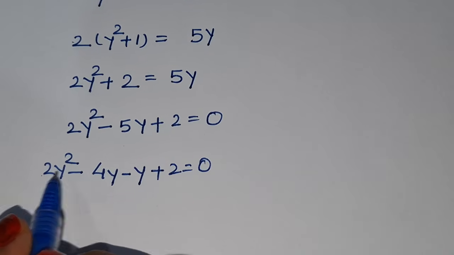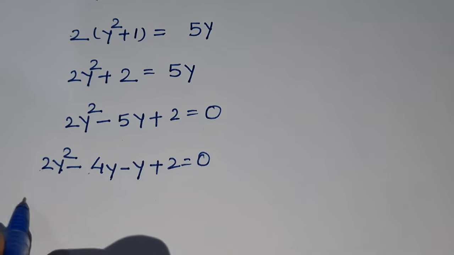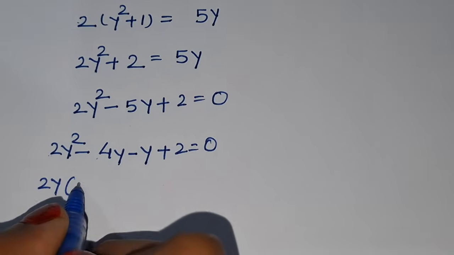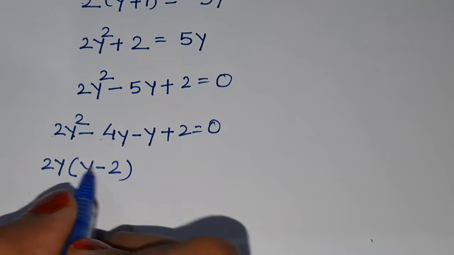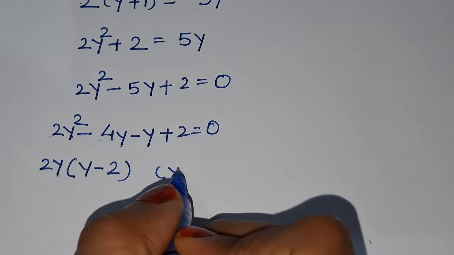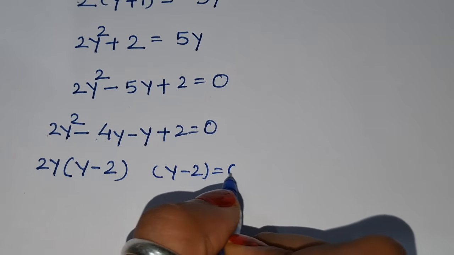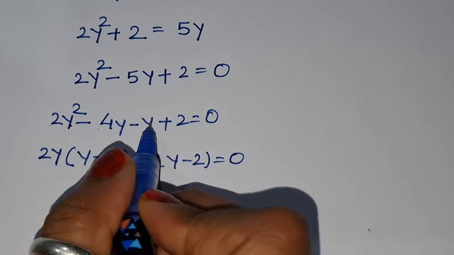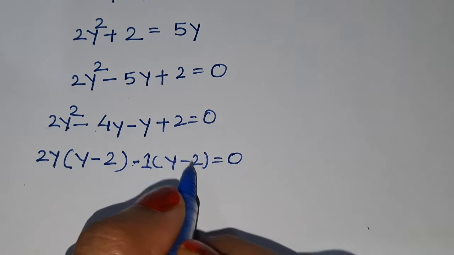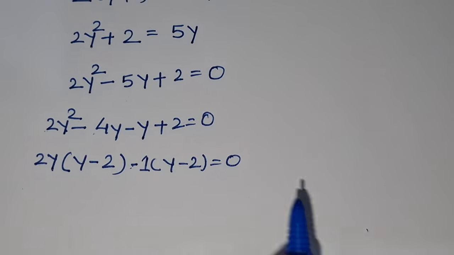Now from 2y square minus 4y we take 2y common, so 2y times y minus 2. And from minus y plus 2, we take minus 1 common, so it becomes minus 1 times y minus 2.